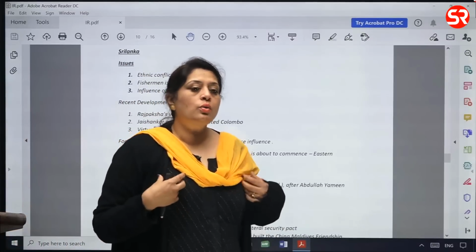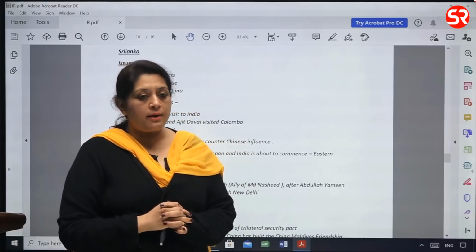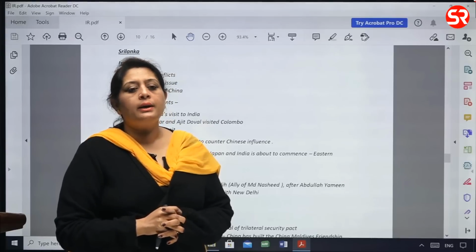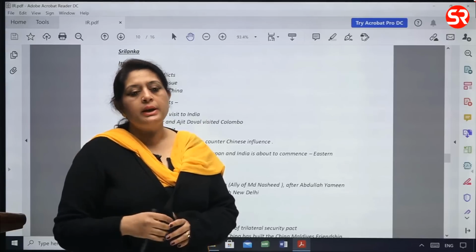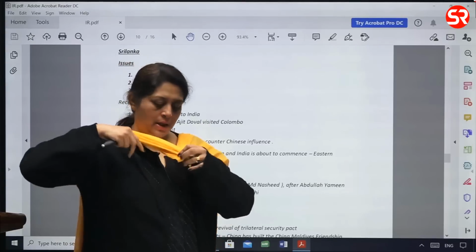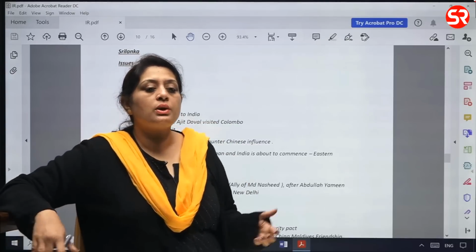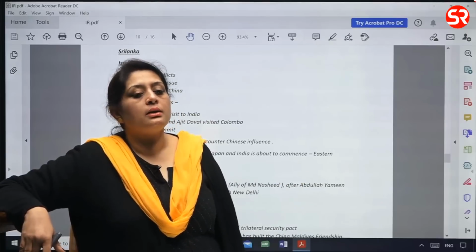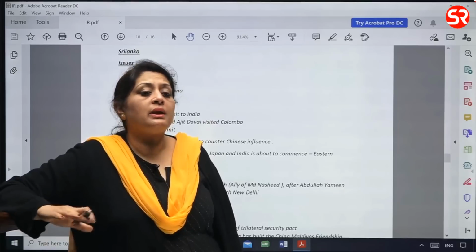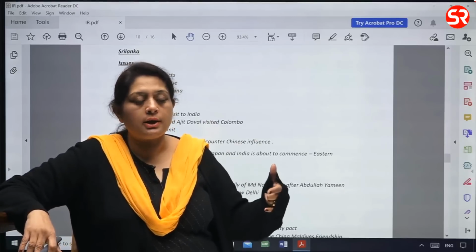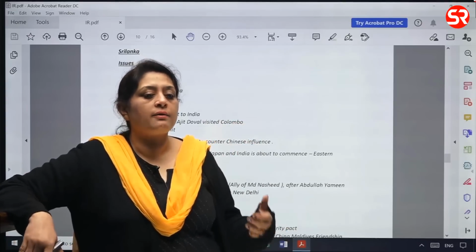We already know that Sri Lanka had played the Chinese card and India lost Hambantota, and when initially Rajapaksa was in power, he had not solved the Tamil question, and he shifted Sri Lanka decisively towards China. But with the change of government in Sri Lanka and India's engagements with Sri Lanka, things have changed.